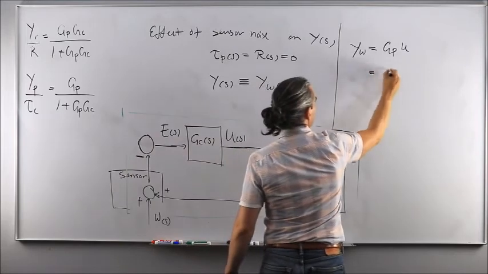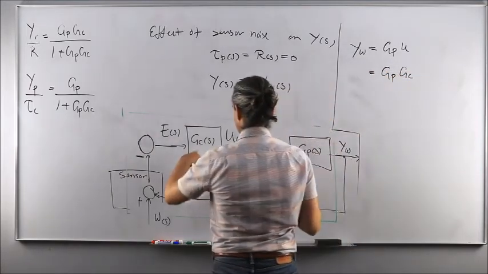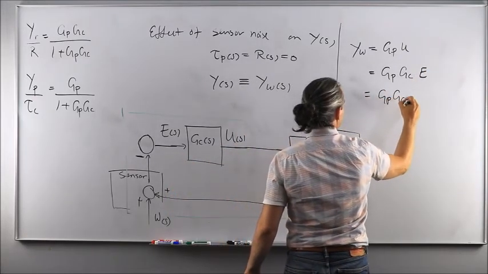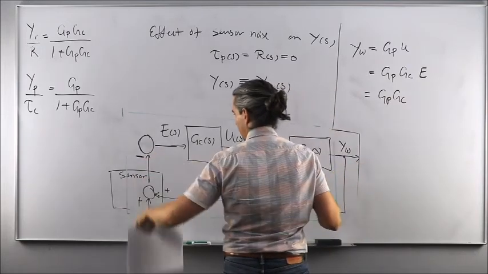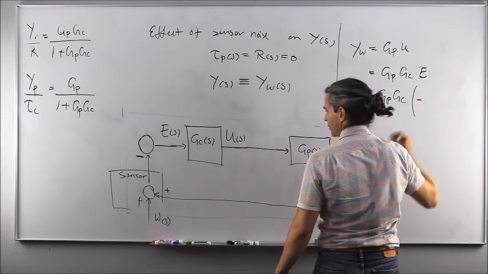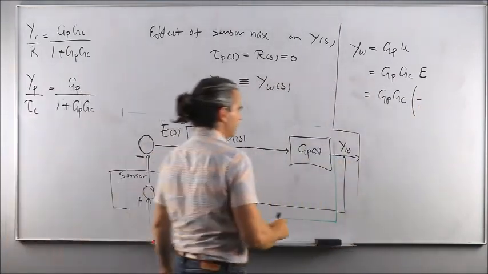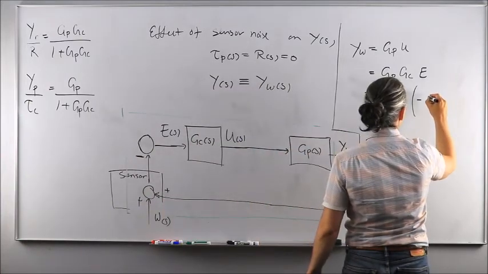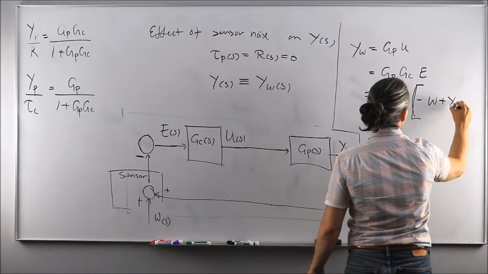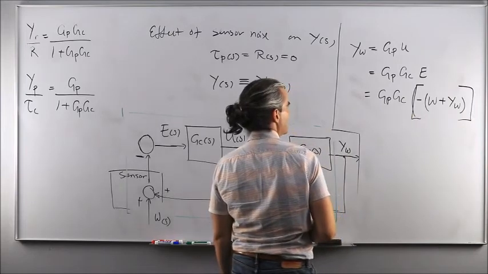U is equal to GC times error. GP, GC, what is the error equal to? The error is going to be equal to minus of W plus YW. Minus of W plus YW, like that.